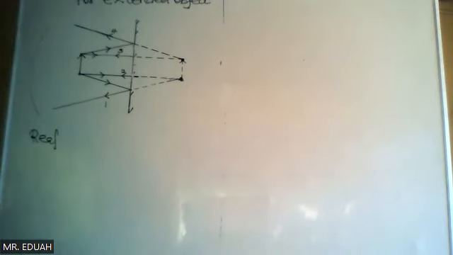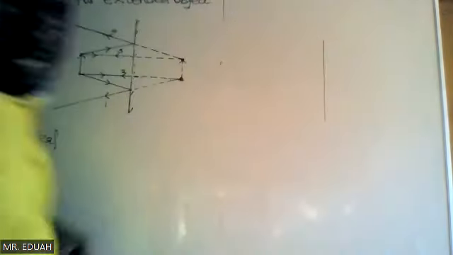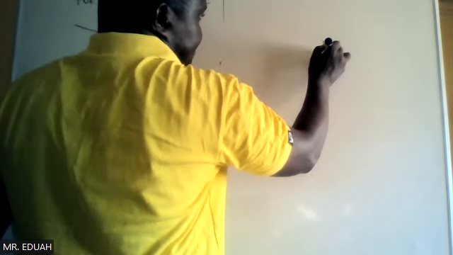Then we are saying that images formed in a plane mirror are laterally inverted. Let's see if we can use a ray diagram to form an image in a plane mirror which is laterally inverted.